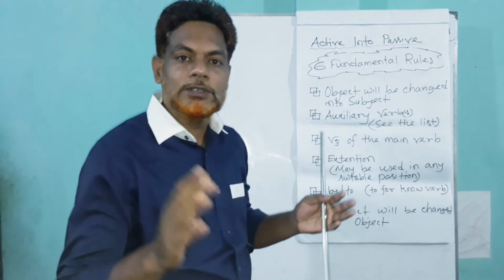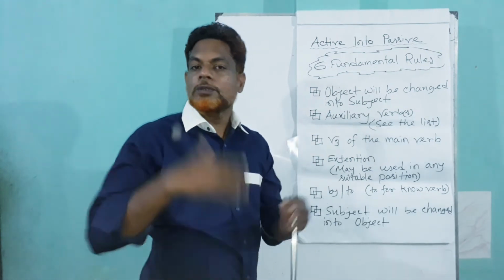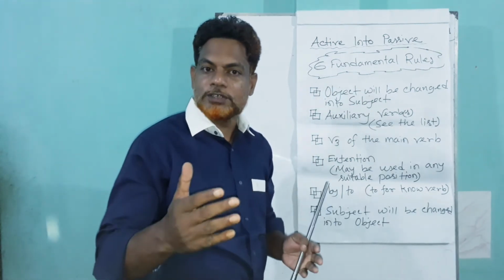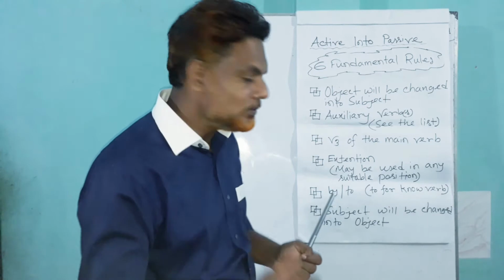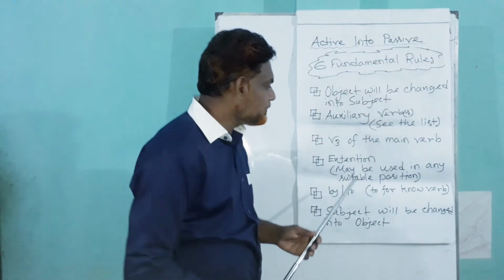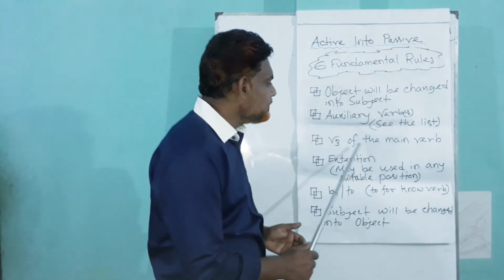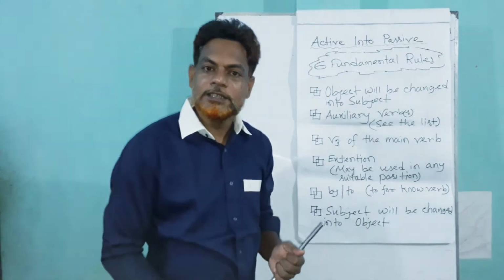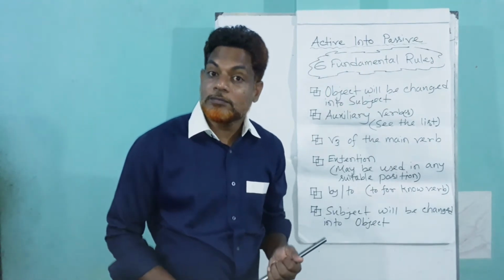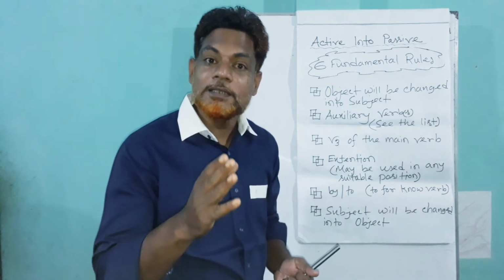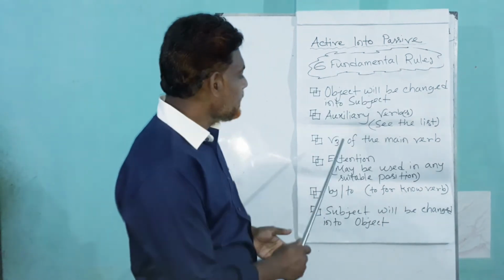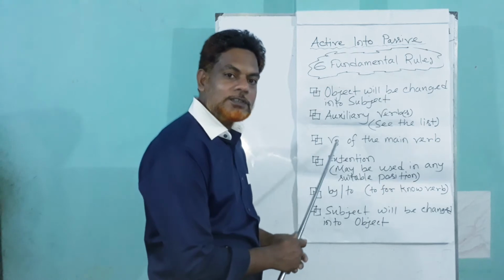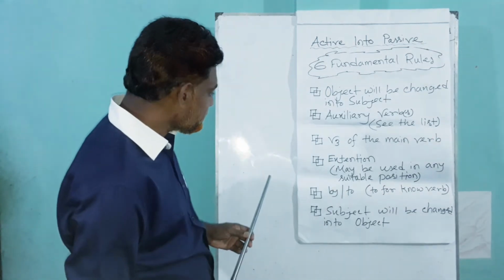We will show you another list where we will show when which auxiliary verb will be used. In the third position, you have to write V3 of the main verb. One thing you have to remember: you must write the past participle form of the principal verb in passive voice. So you have to write V3, that means the past participle form of the principal verb.